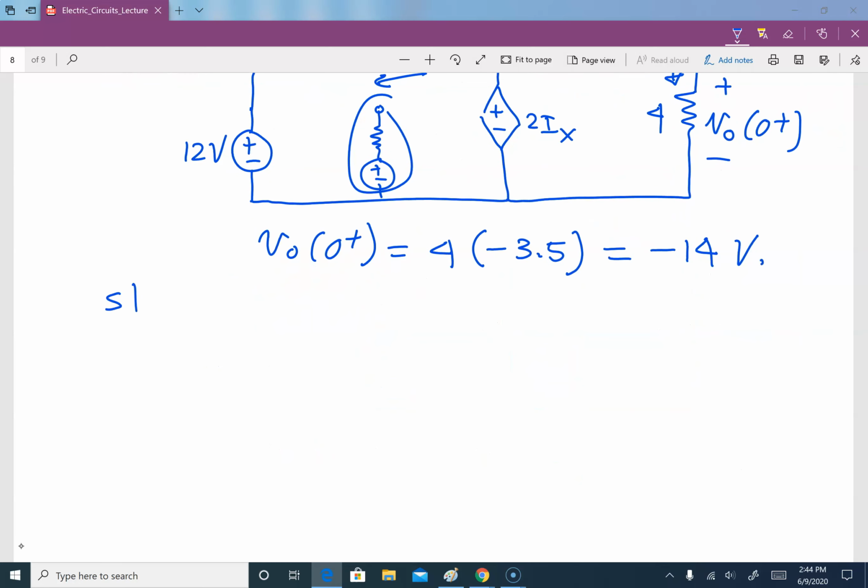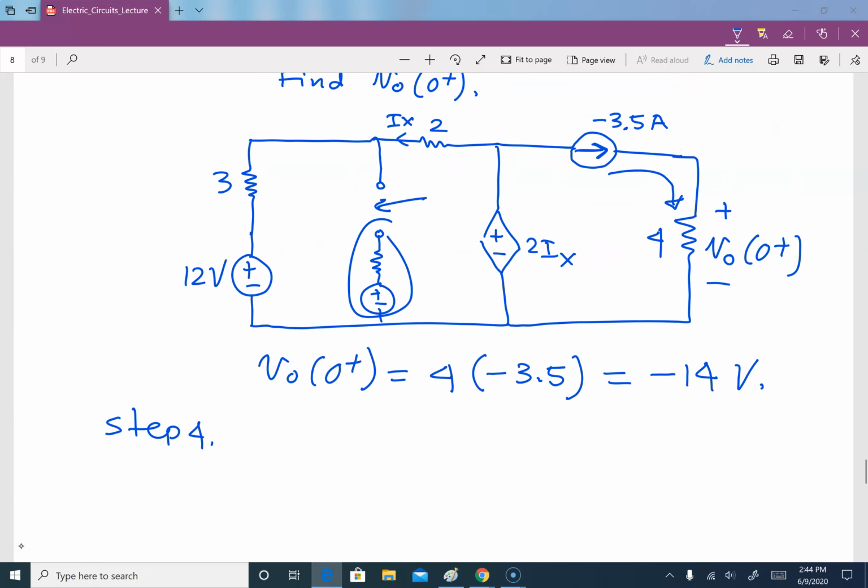Now, step 4. Step 4, we said that we draw the circuit in step 3, except that over here we are going to short it.